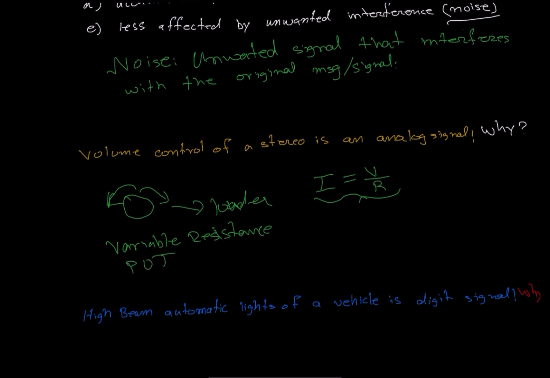That means, let's say for example, our stereo has 5 volts. If you set your resistance to 300 ohms, the current will become 5 divided by 300, which gives me 0.016 amps.